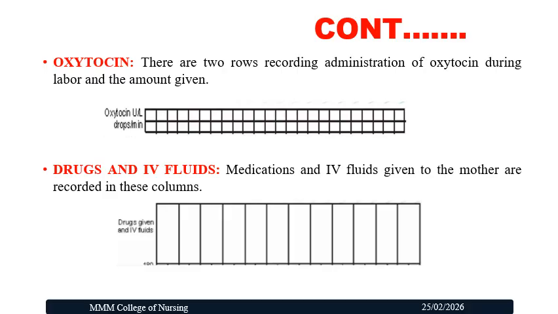Everything you have to mention in this box. Under oxytocin, drugs and IV fluids, if a mother gets any kind of medication, that has to be mentioned, and the IV fluids given to the mother have to be recorded in this lump sum.